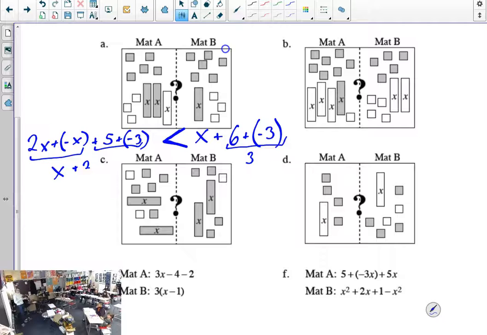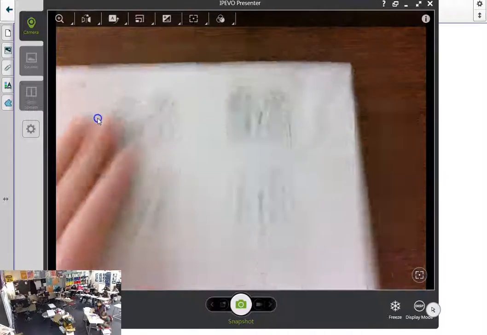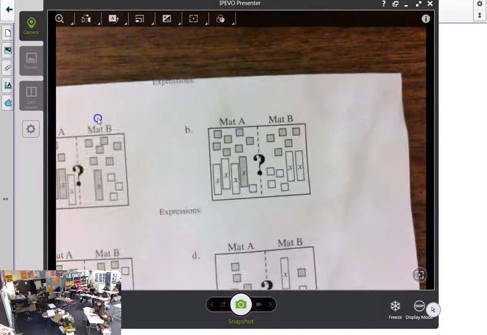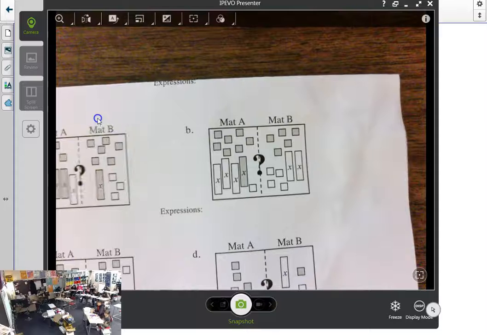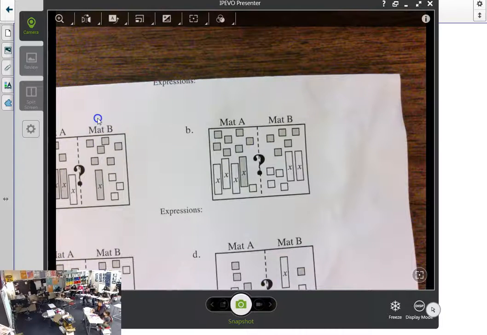Do B. Try B on your own. You do not have to physically do it. I just need you showing what you're doing on both sides.